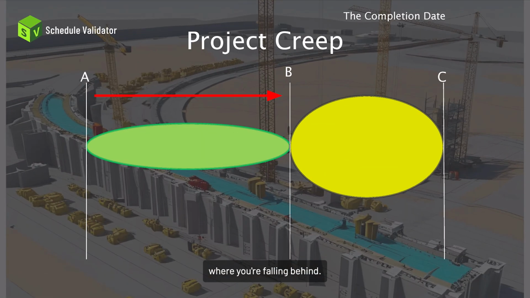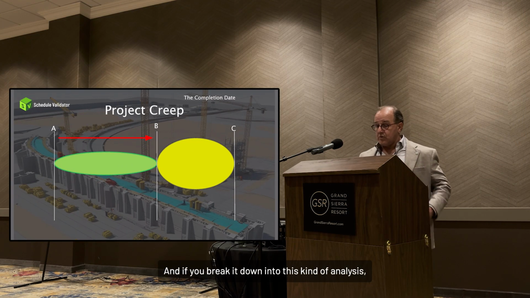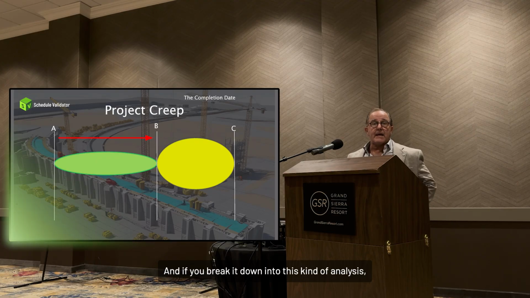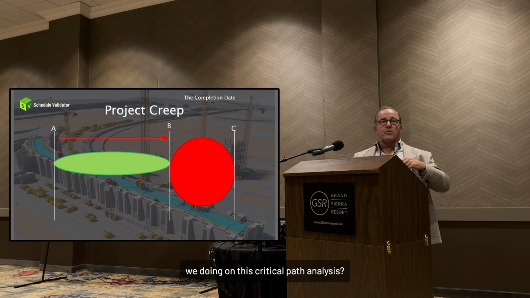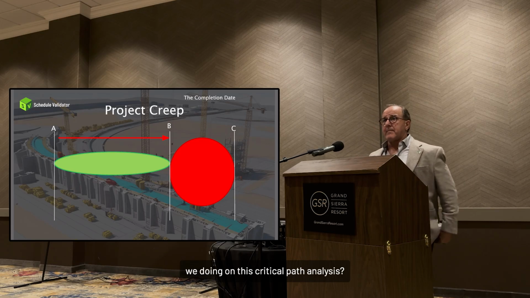Where you're falling behind. I use an example of A, B, and C milestones. If you break it down into this kind of analysis, into these two windows: how well are we doing on this critical path analysis?